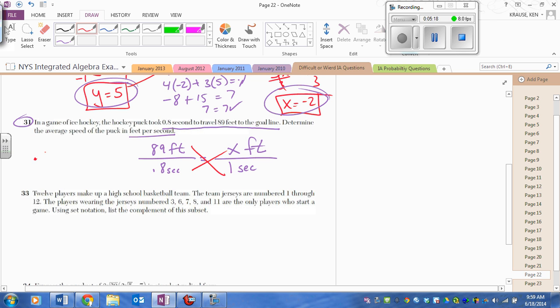And I get 0.8x equals 89, divided by 0.8. 111.25 feet per second.